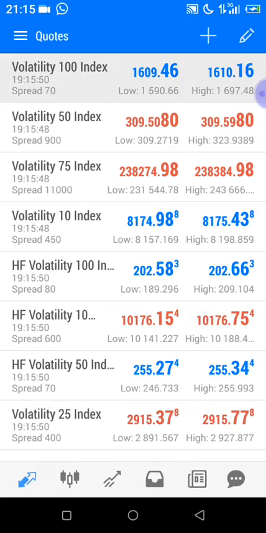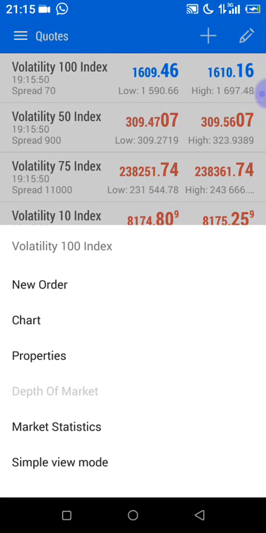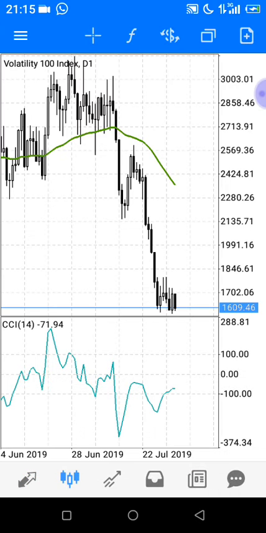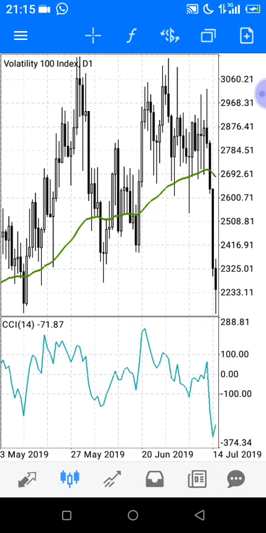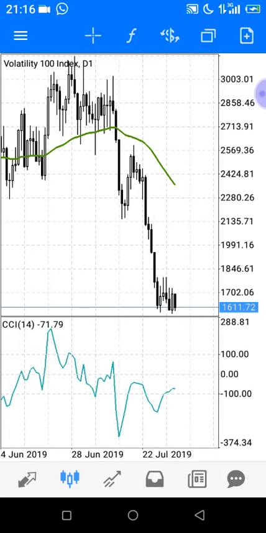Okay, let me just go back to V100 while my network settles, and explain when to buy. So when to buy is pretty much the opposite of when to sell. The first condition is the EMA 60: the candlestick of that day should close above the EMA 60.